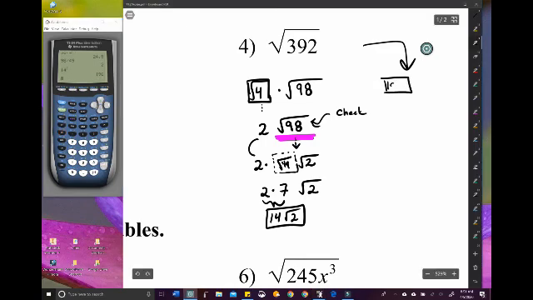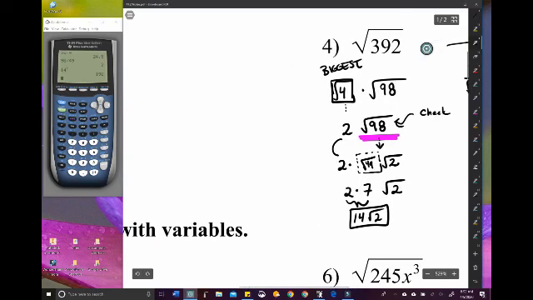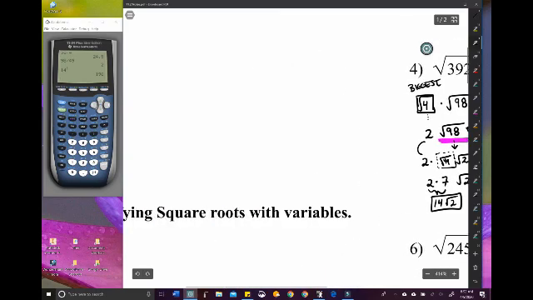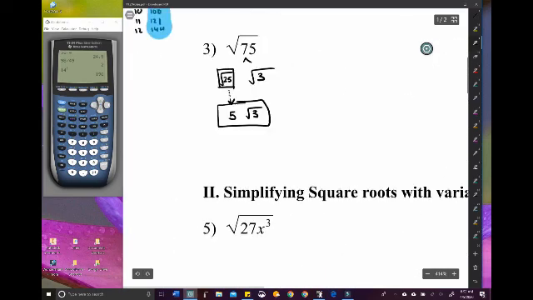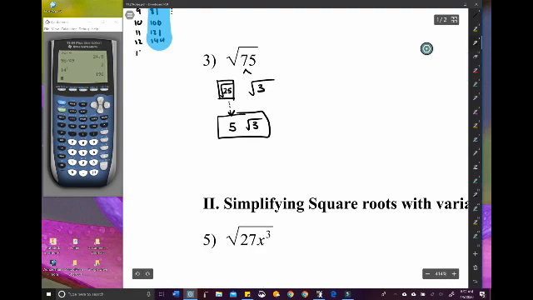If you already had 196 and 2, you'll also happen to get right to the 14 roots of 2. So that's why I emphasize you want to get the biggest square first. So it might be helpful to write down some bigger perfect squares if you don't already have them. Like 13, 169, 14, 196, and so forth.